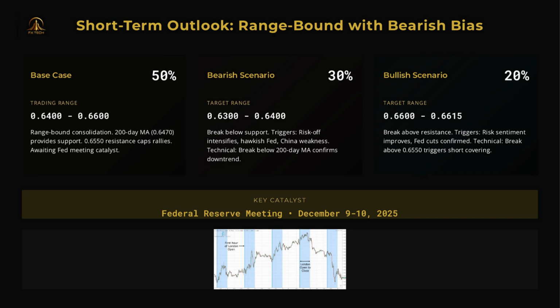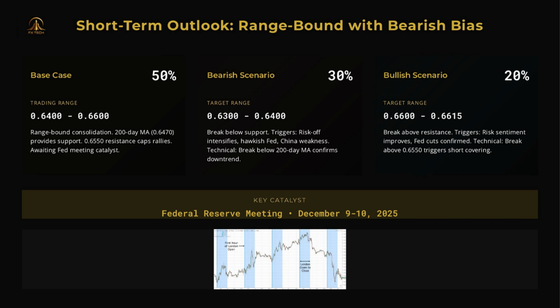The bearish scenario, 30% probability, targets 0.6300 to 0.6400 on a break below support. Triggers include intensifying risk-off sentiment, hawkish Fed policy, or deepening China weakness. Technically, a break below the 200-day moving average would confirm the downtrend.